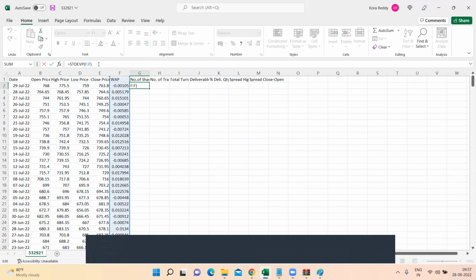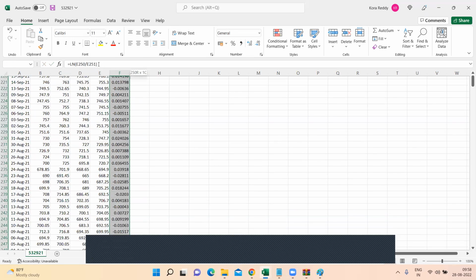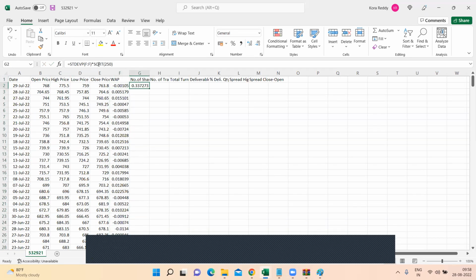And it's daily, so to convert into annual, you have to take square root of 252 or 250. There are 249 data points.